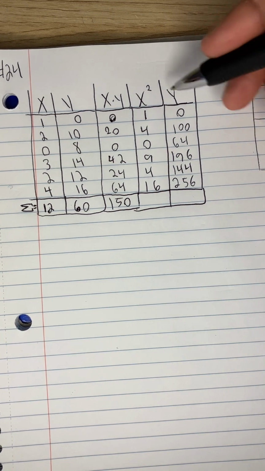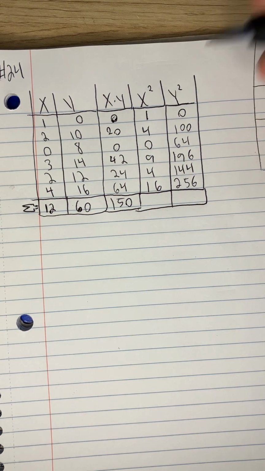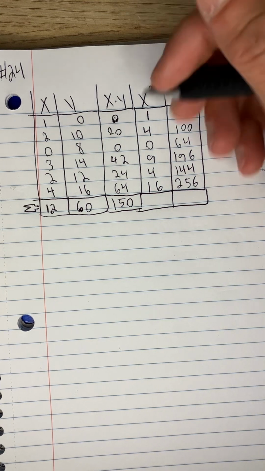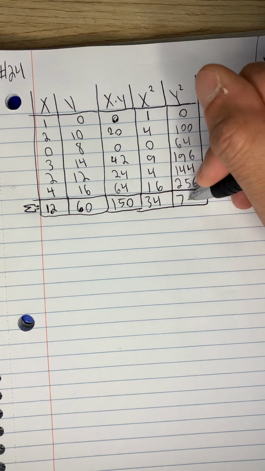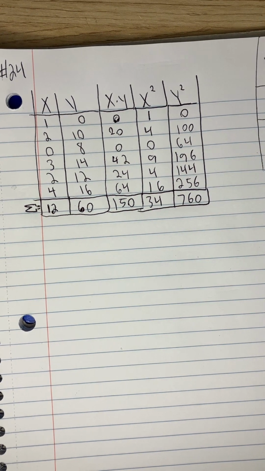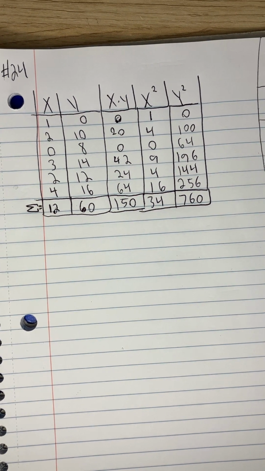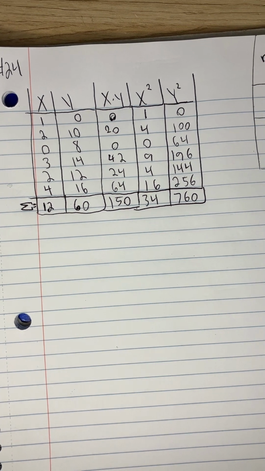And then we can add up the sum of the x squared and the sum of the y squared. So that's 34 and 760 for this one. So now we have everything that we need.